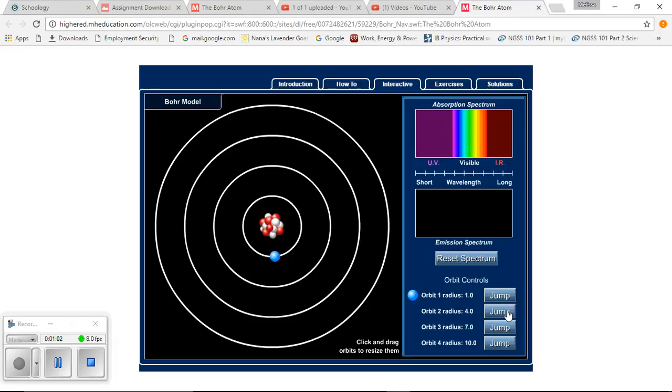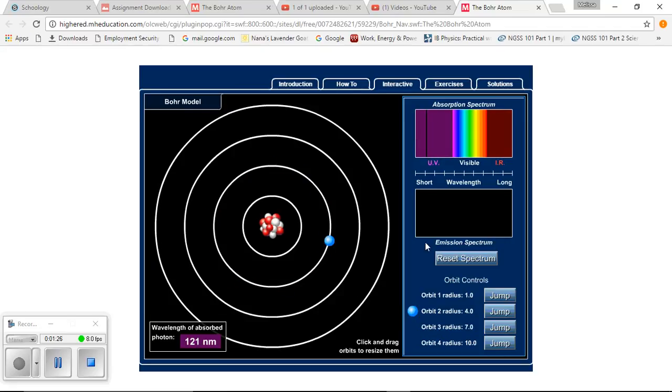Watch carefully. You saw that the atom absorbed a photon of energy with a wavelength of 121 nanometers. Well, that wavelength corresponds to a photon that falls in the ultraviolet region of the electromagnetic spectrum.